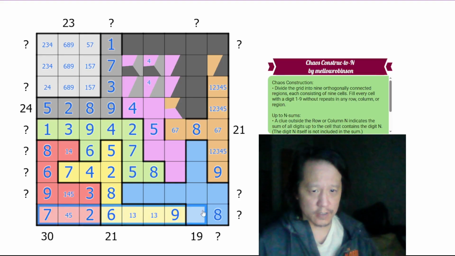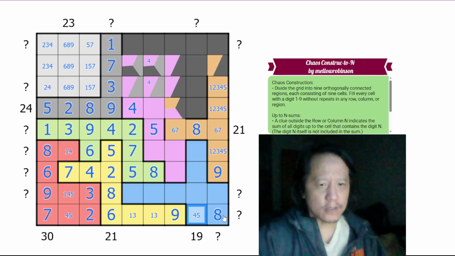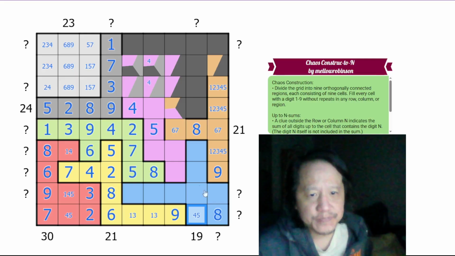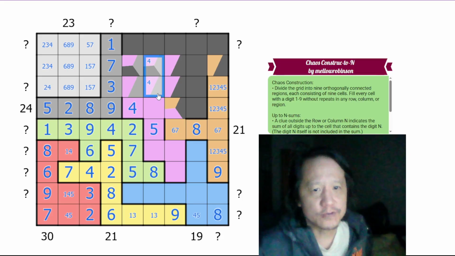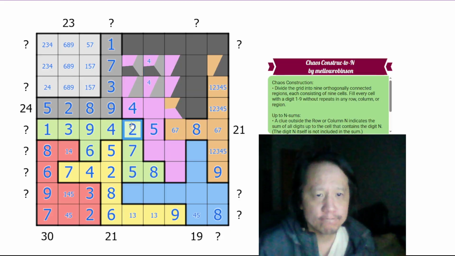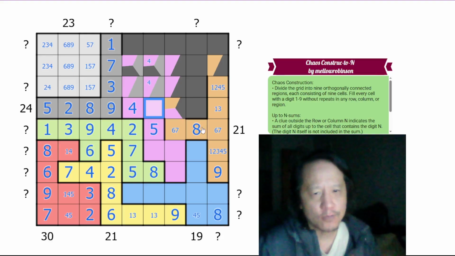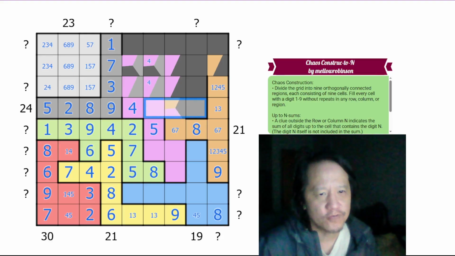Remaining digits in row 9 are 4 and 5. 4 is one of those 2. This can't be 3 because of 3 in the row. This can't be 2, 4, 5 because 2, 4, 5 in the row. What are the remaining digits in row 4?